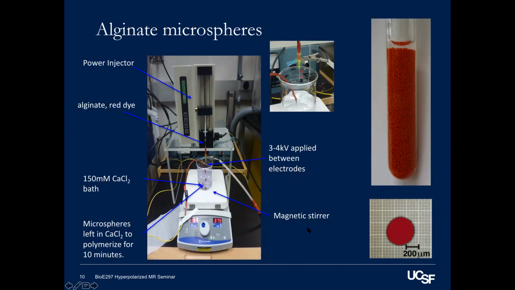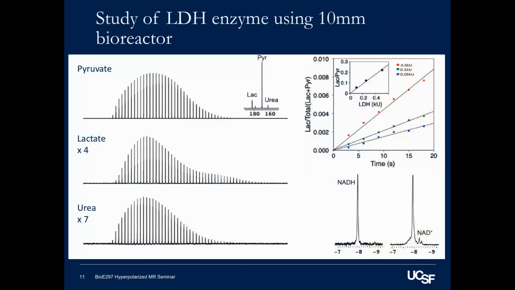We can vary the diameter of the beads by changing the voltage. This syringe contains the cells mixed with alginate, which is chelated by calcium in this dish here. We can keep these beads around for a week. We've done drug testing on these same beads before and after, and it provides a very robust platform.